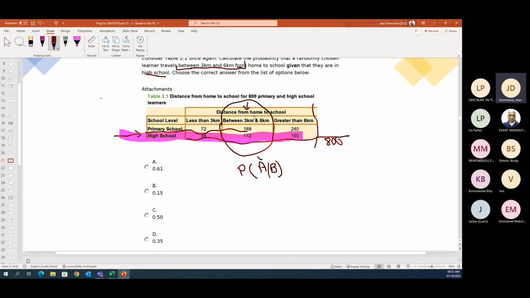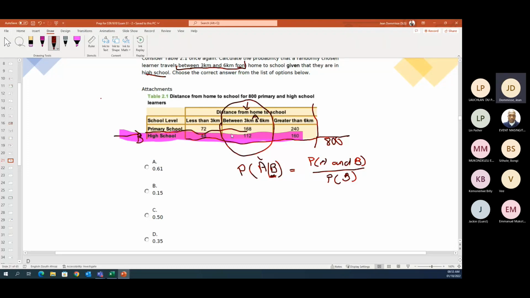Let's make A the event of traveling between 3 and 6 kilometers, given that the person is in high school, which we make B. That is the probability of A and B. And I'll say how I remember this one: we sit with probability A, B, so at the top, probability of A and B, divided by the probability of the second one.